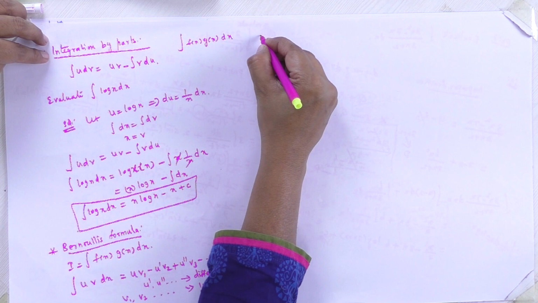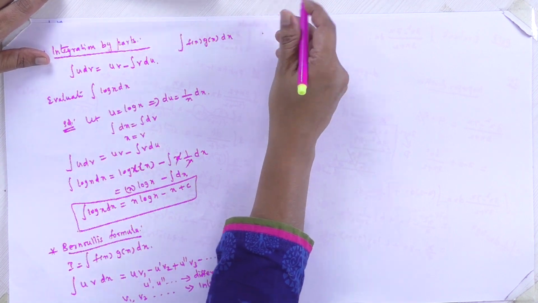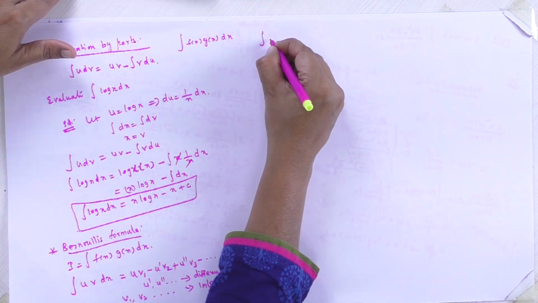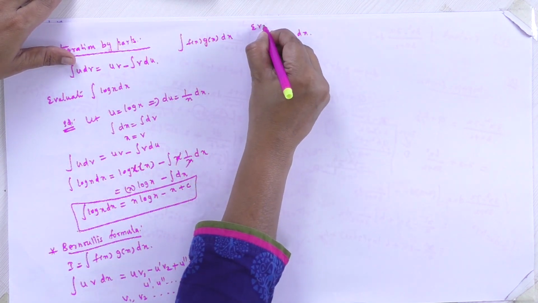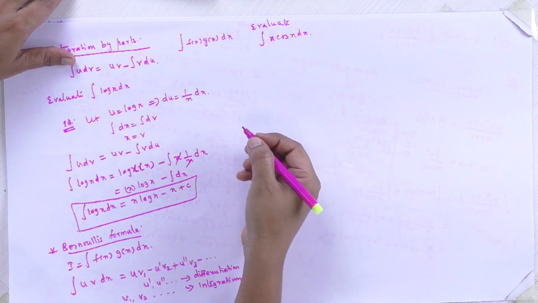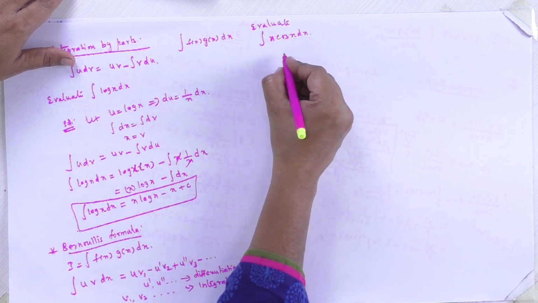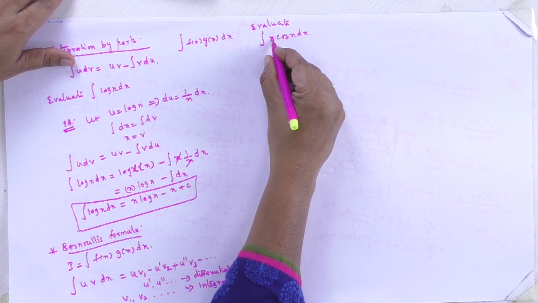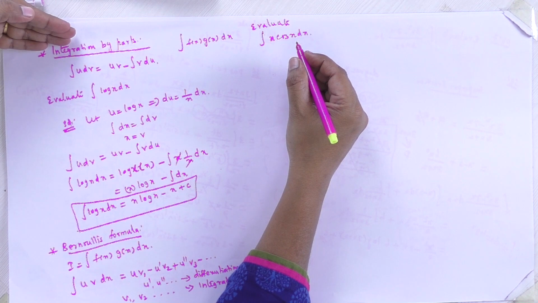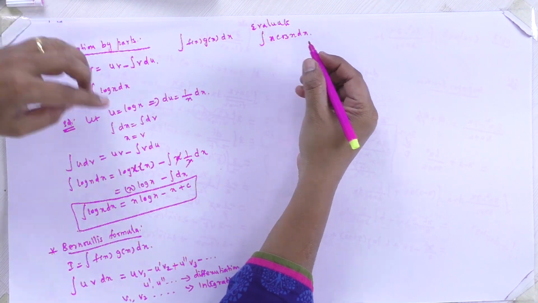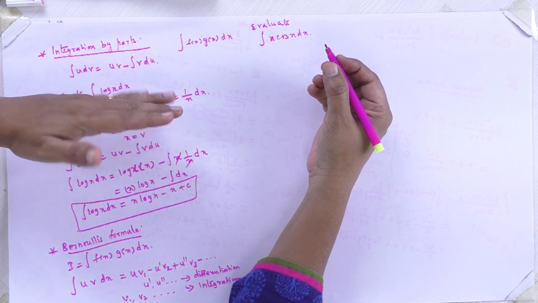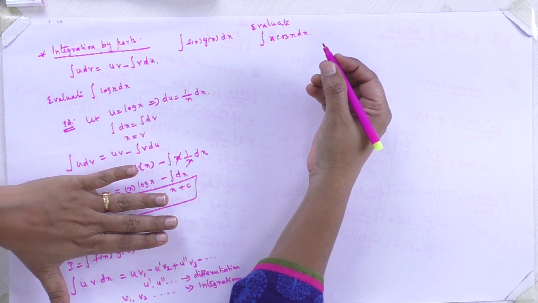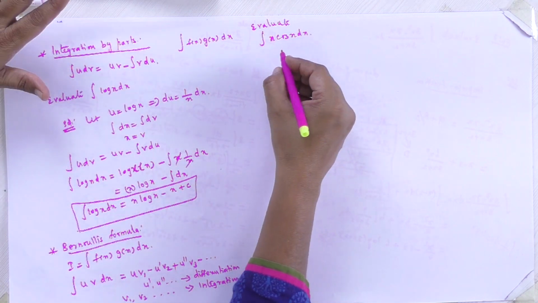For an example, let us consider the problem: evaluate the integral x into cos x into dx. We use Bernoulli's formula, because we could apply integration by parts also, but then we would have to integrate the second term again. By using Bernoulli's method it is very easy.